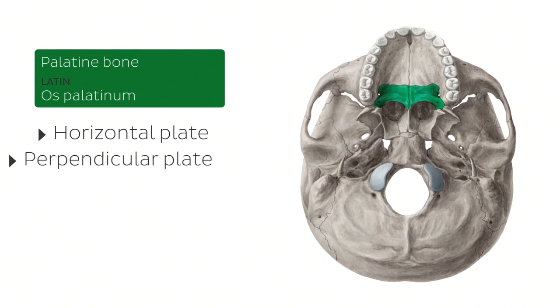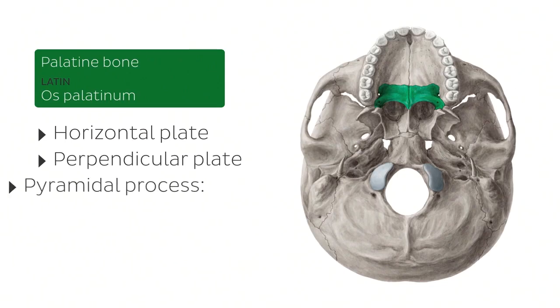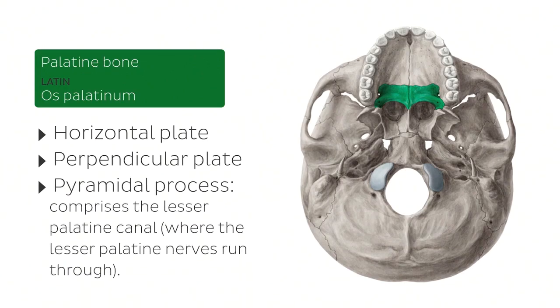Another part is the perpendicular plate, which contributes to the lateral wall of the nasal cavity, and also the pyramidal process, which comprises the lesser palatine canals, where the lesser palatine nerves run through.